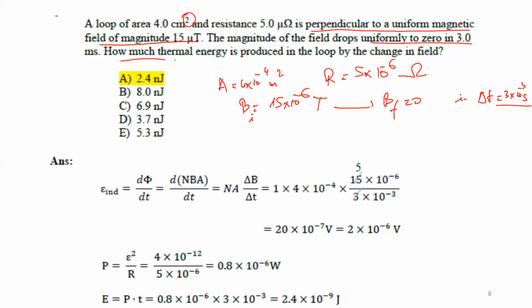How much thermal energy is produced in the loop by the change in field? First, I have to get EMF induced. EMF induced is just N d phi divided by dt, basically d over dt of NBA. Because here I told you that, of course, the loop is perpendicular to the uniform magnetic field.